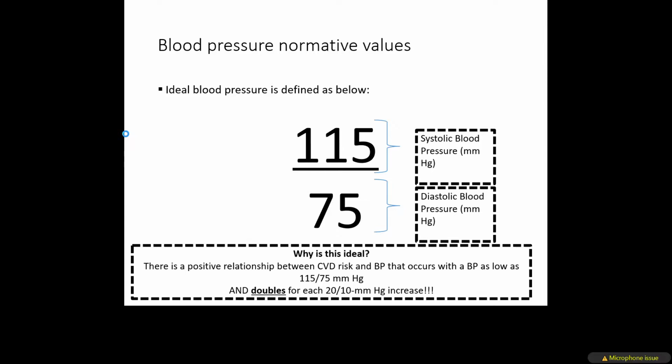In fact, there is a positive relationship between cardiovascular disease risk and blood pressure that occurs with a blood pressure as low as 115/75.